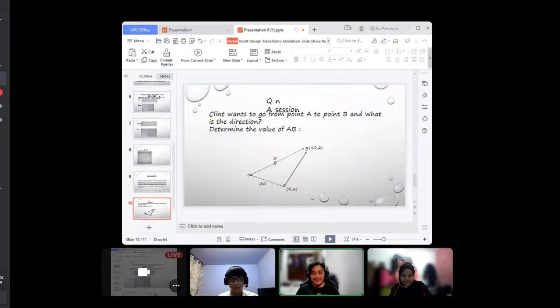For the question: Clint wants to go from point A to point B. What is the direction? Determine the value of AB.